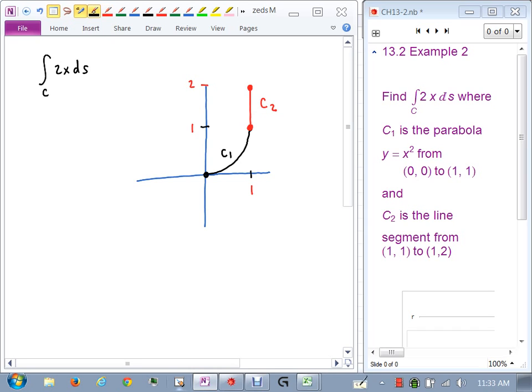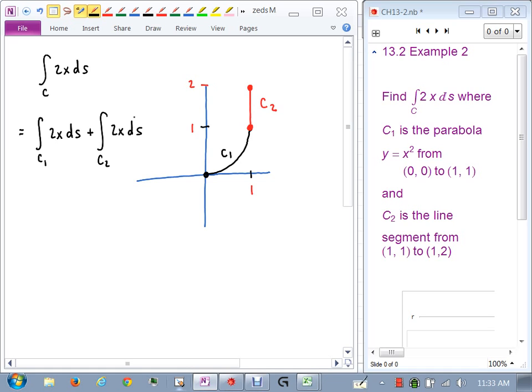So what I know from the previous note is that this integral should be equal to the line integral over C1 of 2x ds plus the line integral over C2 of 2x ds. So I have two problems to do here.